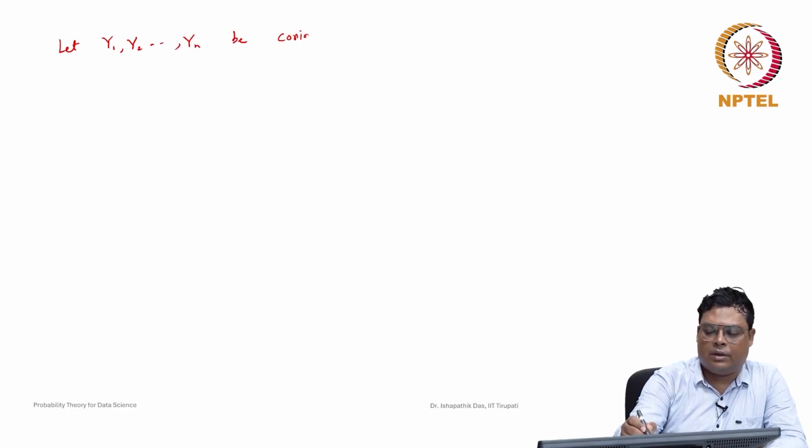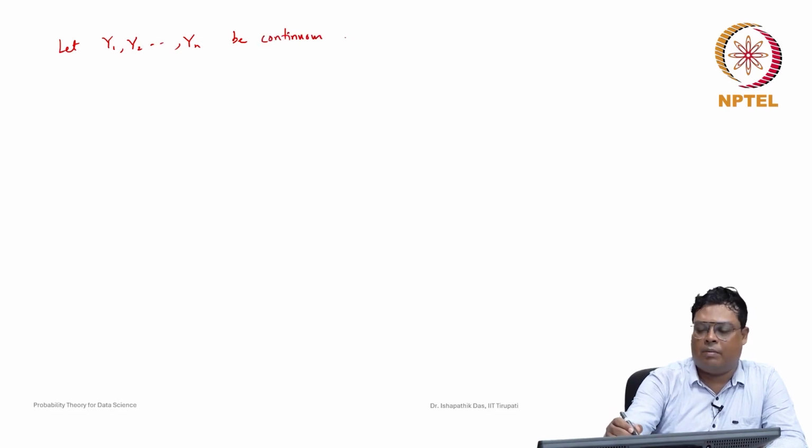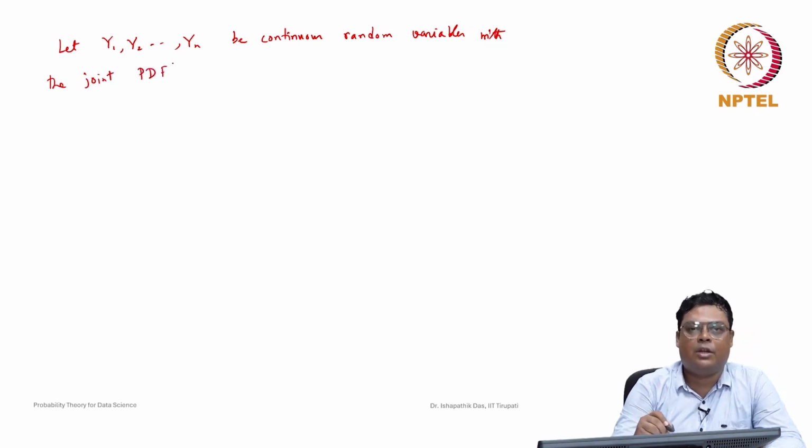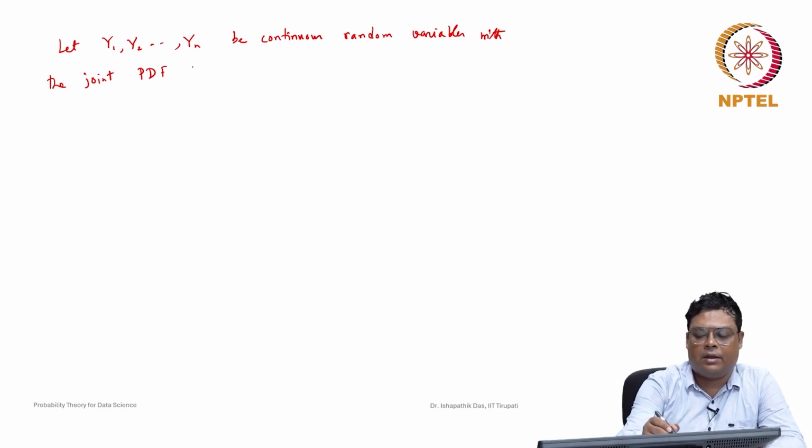Let Y1, Y2, ..., Yn be continuous random variables with the joint probability density function. This is the abbreviation I am using, with the joint probability density function f of y.